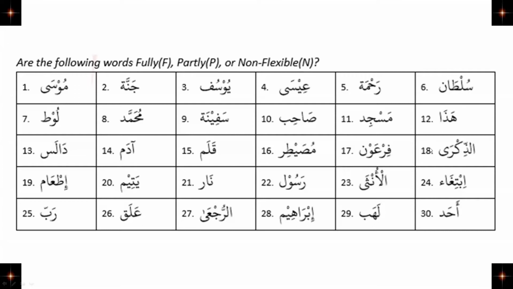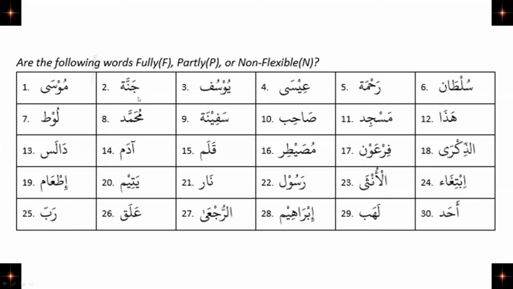Absolutely, because it's a non-Arab name. I like your answer. It has only one form. Okay, it's also having the alif at the end, based on what we learned earlier, right? Musa, very good.